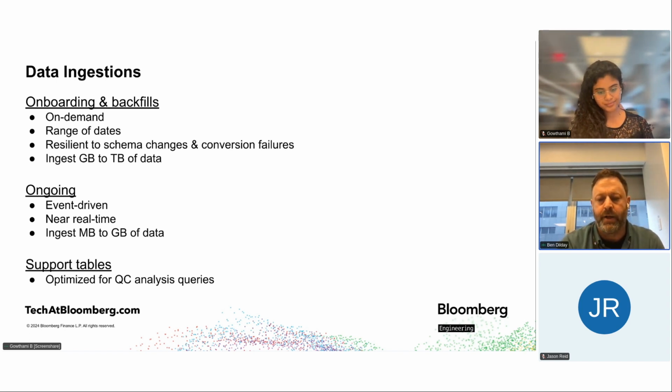Basically we get a notification from our collaborating teams that a new data set is ready, and we need to be able to respond to that and ingest it into our tables quickly. We want this to be as near to real time as we can. Because we're operating on essentially one date at a time here, the size is more like megabytes, or gigabytes in a few cases.